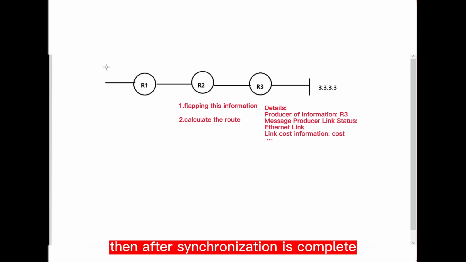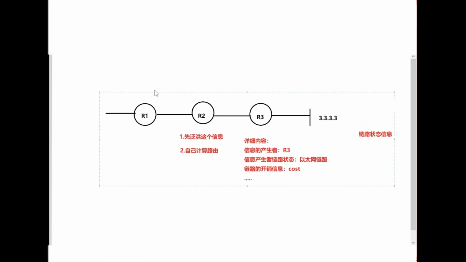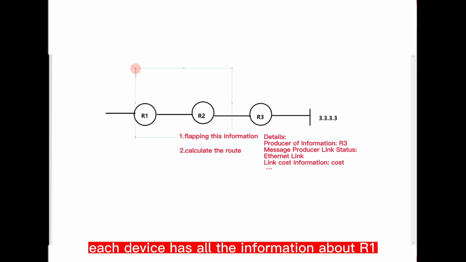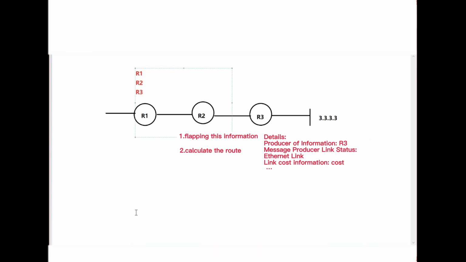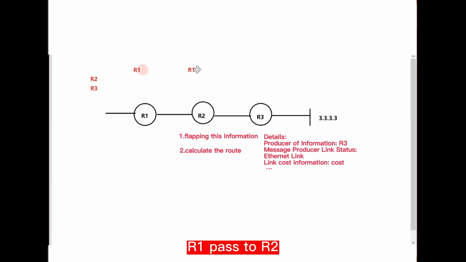Then after synchronization is complete, it will bring a phenomenon: each device has all the information about R1, R2, and R3. If R1 generates a message, R1 passes it to R2, and R2 passes it to R3.